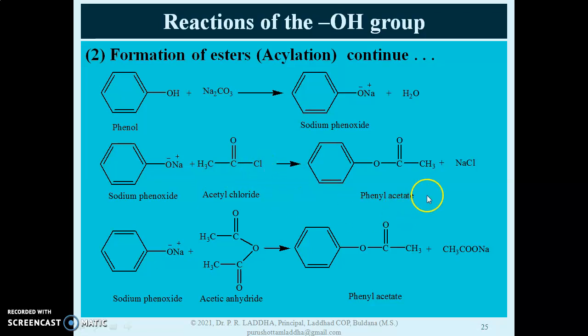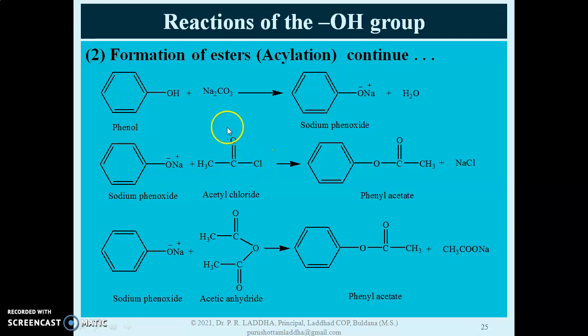In this way, esters can be obtained from phenol by an acylation type of reaction. This acyl group, acyl is the common name, here it is the acetyl group, RCO, that means acyl group. So that acyl group attaches to the phenoxide to produce phenyl acetate, an aromatic ester.